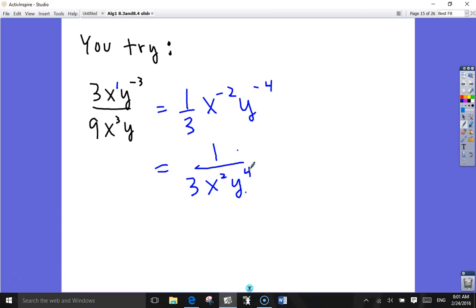And don't think there's something the matter with moving everything to the denominator, like there's nothing left in the numerator. There's a 1 in the numerator, right?